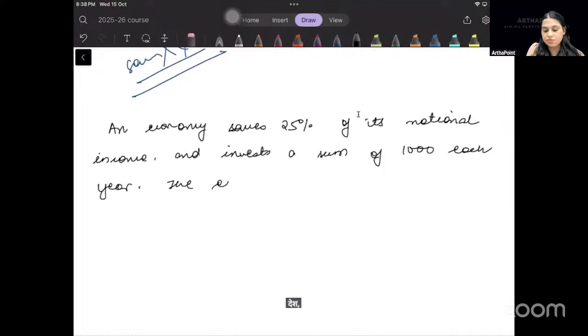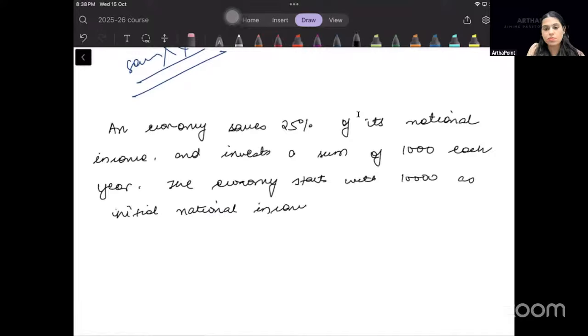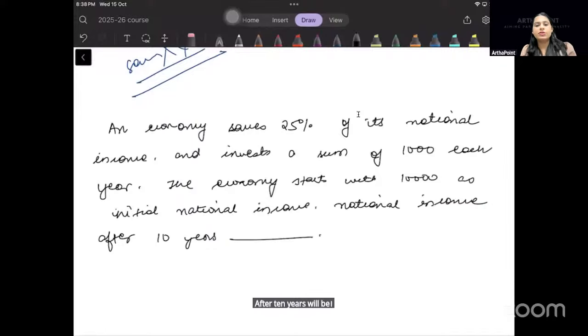The economy starts with 10,000 as initial national income. Right? Then national income after 10 years will be. Give it a try. National income after 10 years.